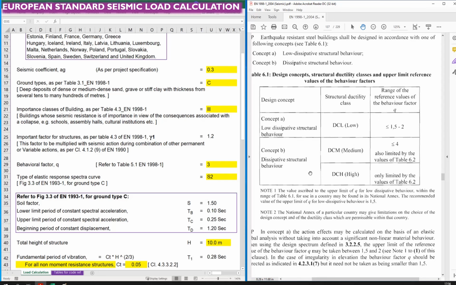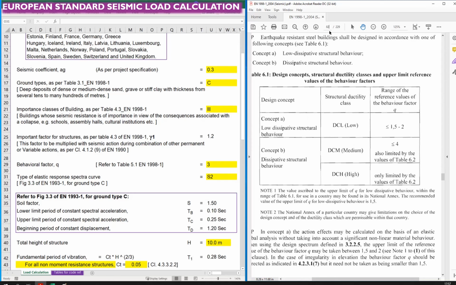If the building structure is highly designed to have good ductile capability, then it comes under DCH, that is ductile class high. So thus we need to consider the behavior factor Q with respect to the ductility class.